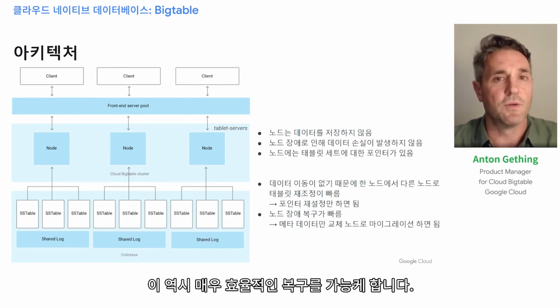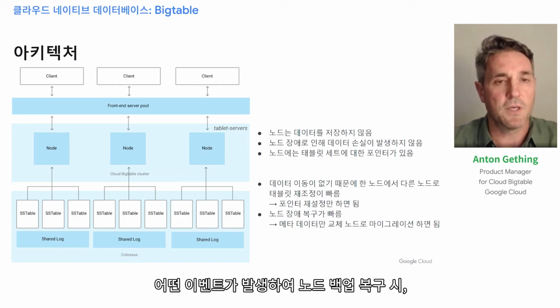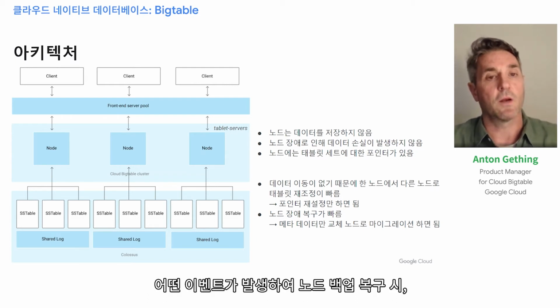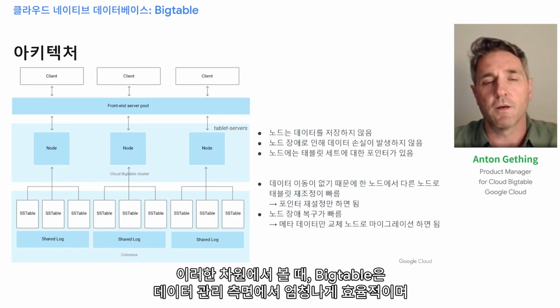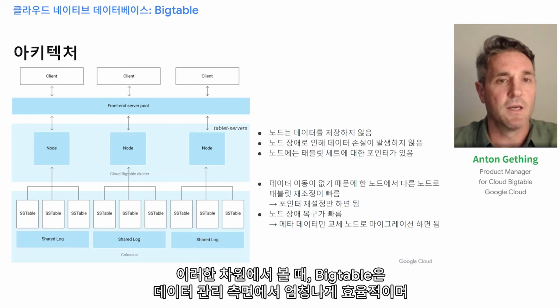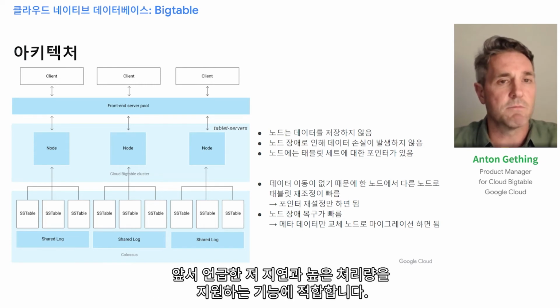And this, too, facilitates really efficient recovery. Should anything happen, bringing a node back up is simply copying over the appropriate metadata and pointers to point to the correct tablets. So on this level, Bigtable is incredibly efficient at managing the data, lending itself to the capabilities mentioned earlier for low latency and high throughput.